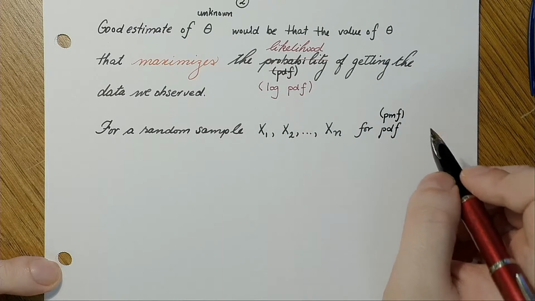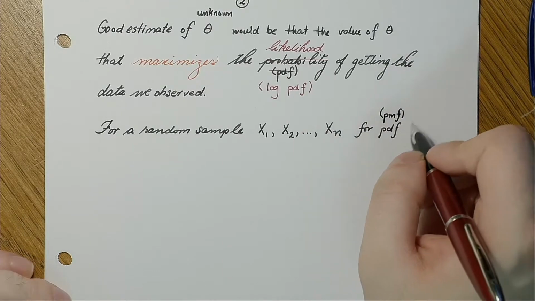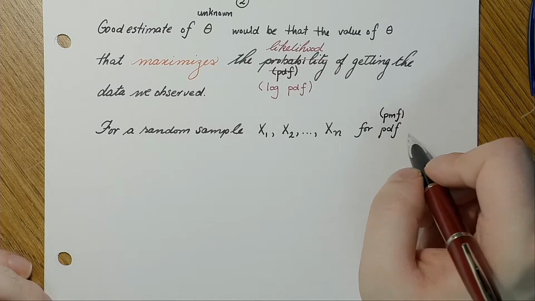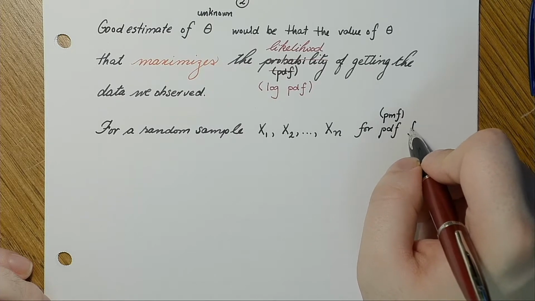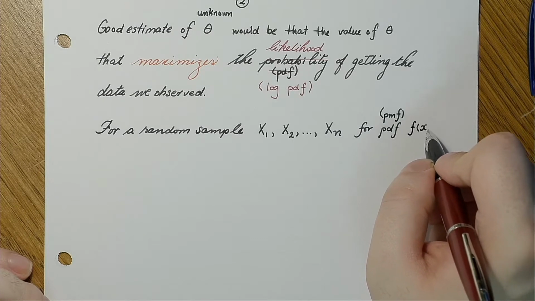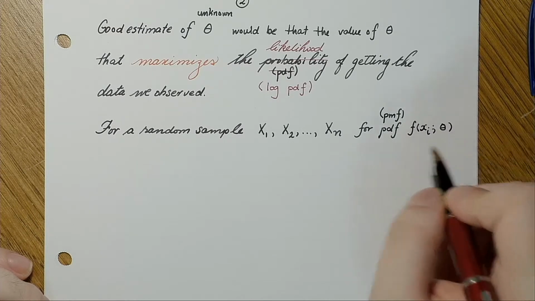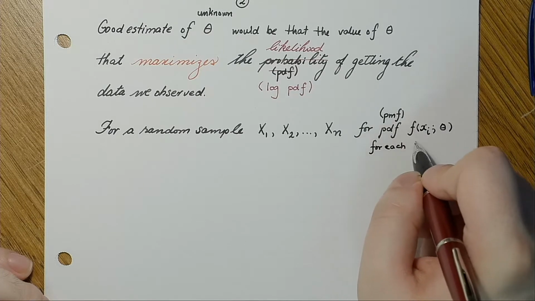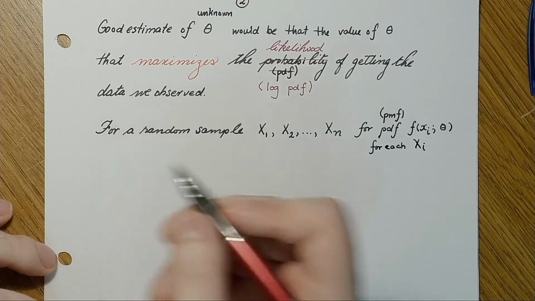It's not just restricted to the continuous case. We can also work with kind of an idea of calculus in a discrete sense. So we have a PDF, and we'll use f of xi for a PDF, and that's for each random variable xi. Okay, so we have that.